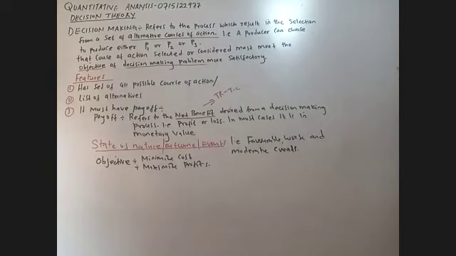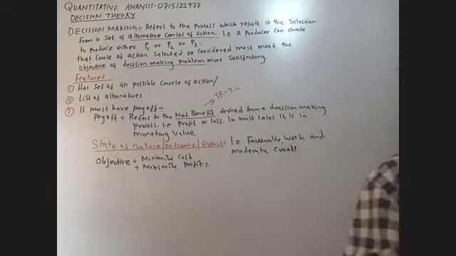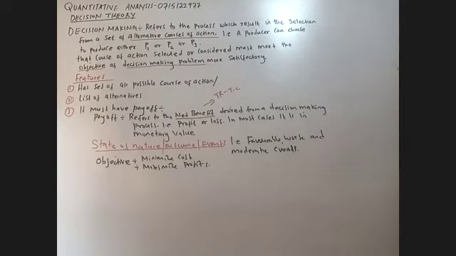But remember, we have two objectives, either to minimize the cost or to maximize profit. Now, uncertainty. This is a situation where the decision maker is unsure what will happen in the future. If this person is unsure of what will happen in the future, then he must decide on the state of nature.